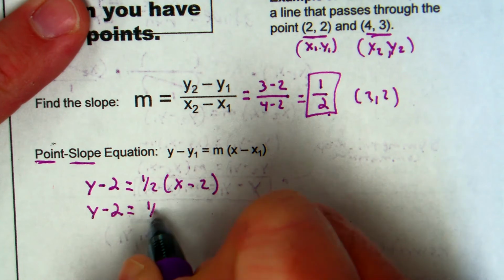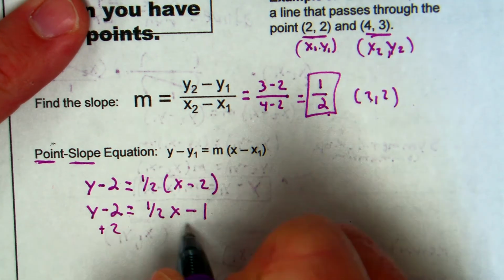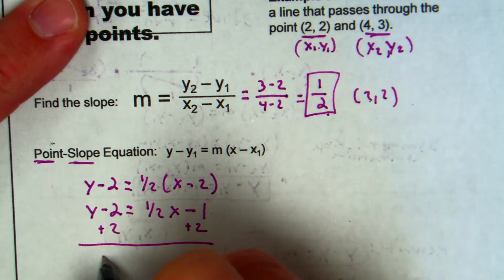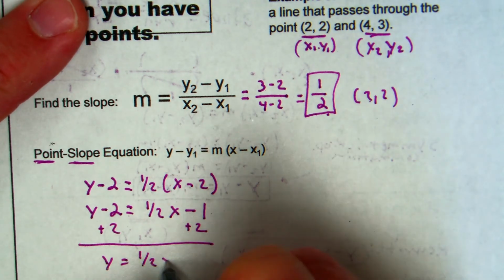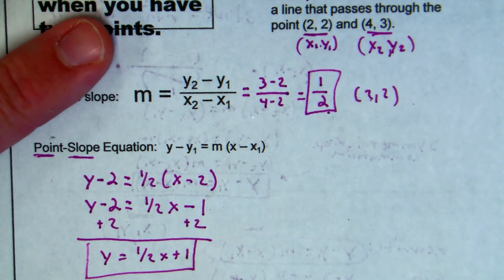Just like the previous examples, I'm going to use my distributive property, followed by the property of equality. There's my equation.